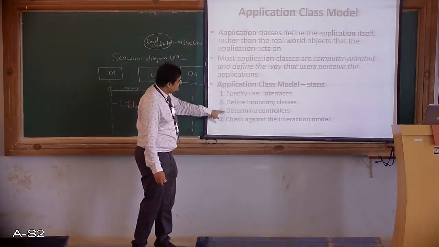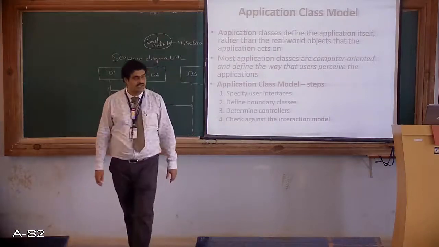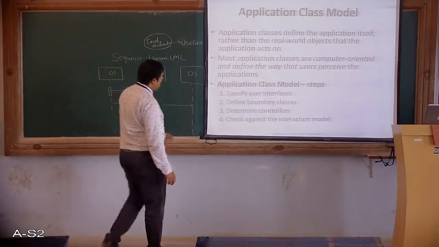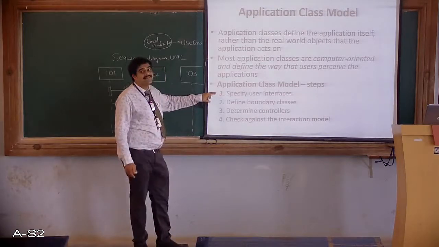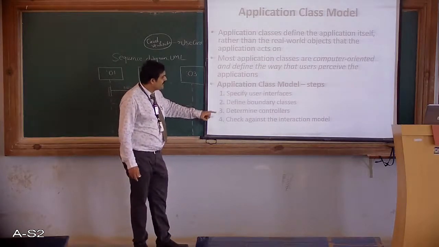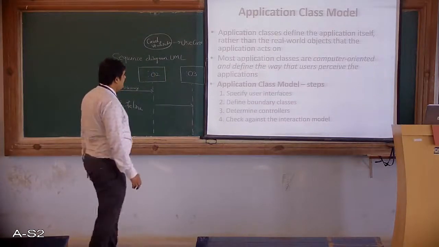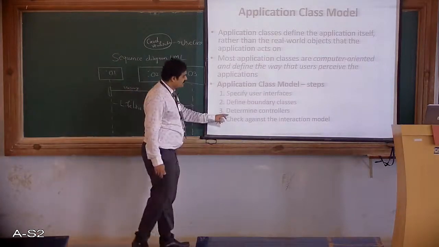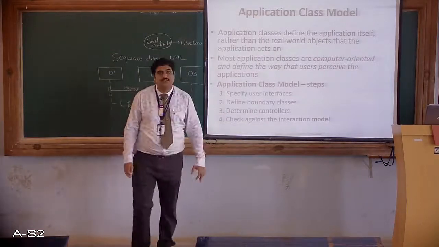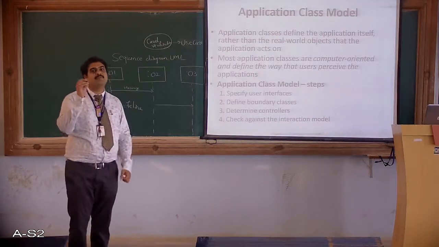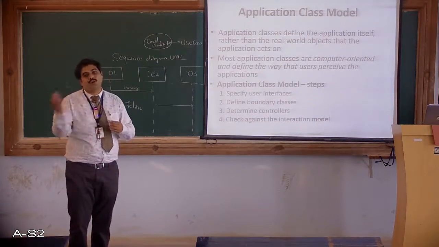These are the steps defined for the application class model. What are those steps? Specify the user interfaces, then define the boundary classes. What are going to be my boundary classes? Then determine the controllers and check against the interaction model. That means for every task there may be some kind of input-output model.